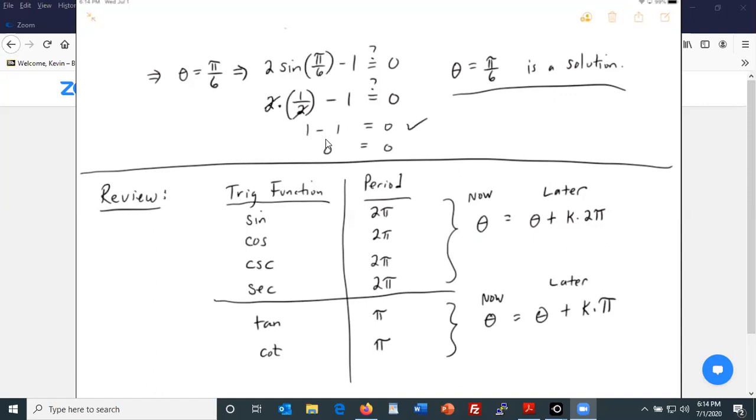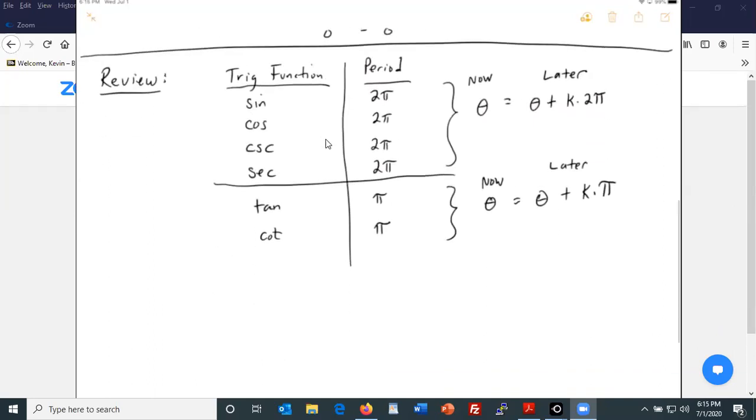So if you remember a few minutes ago, I said how trig equations can have multiple solutions. That's because of this. Because one solution now can equal another solution later and another one much later just by adding on the period multiple times. All right, so that can mean you can have an infinite number of solutions.